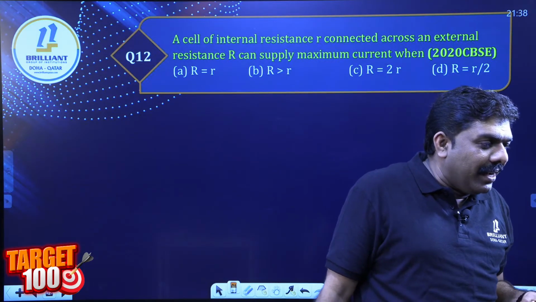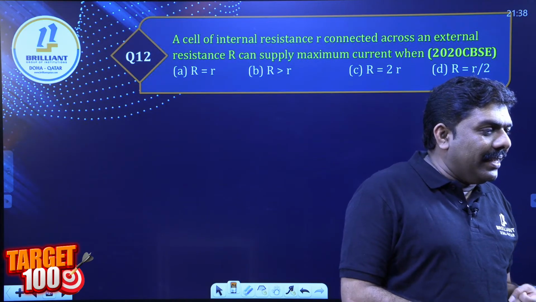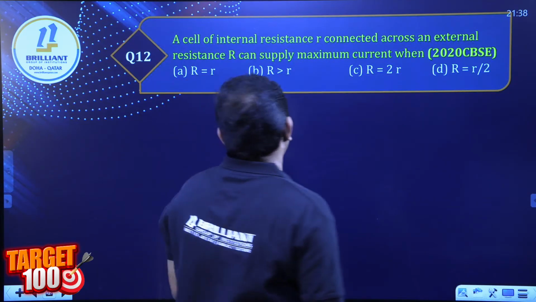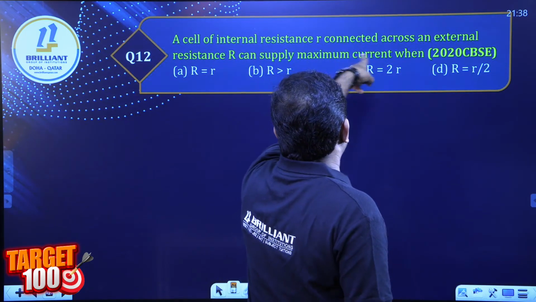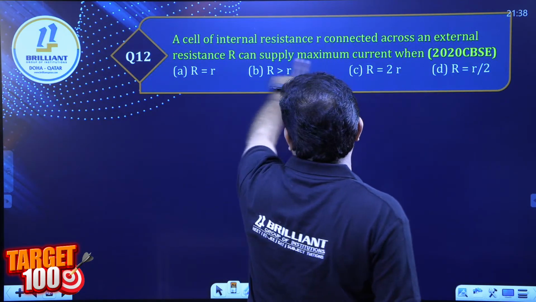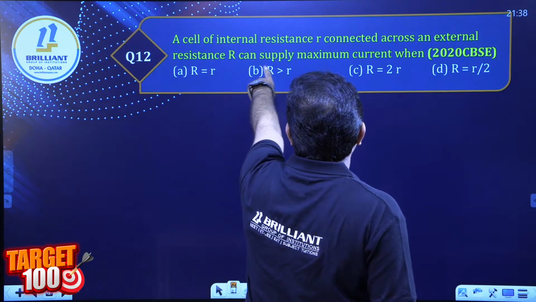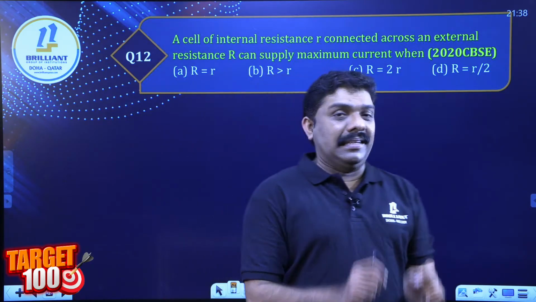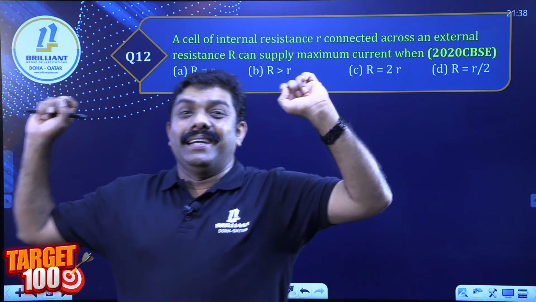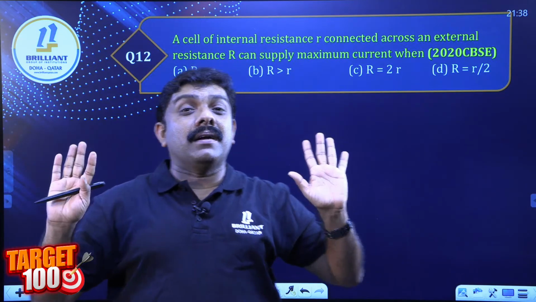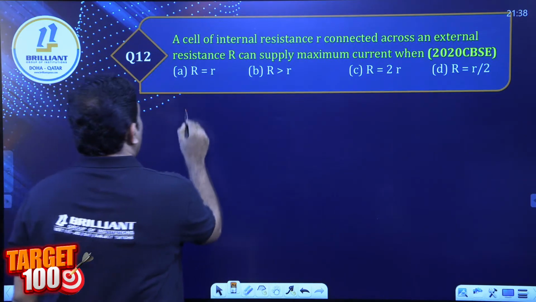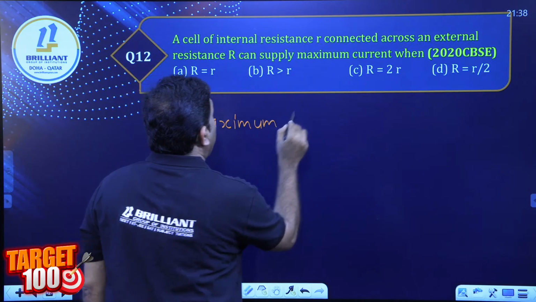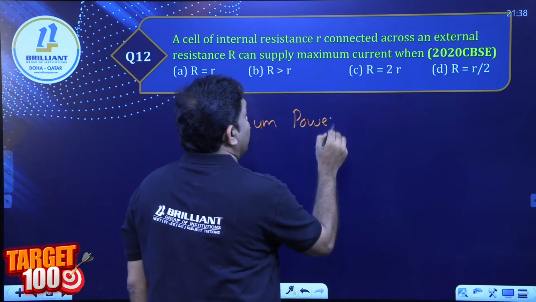Yes, Dhruv, it's right. Work done is equal to energy. Work energy theorem. Right. Okay, now a cell of internal resistance small r connected across an external resistance capital R can supply maximum current when there is a theorem that we studied, the maximum power transfer theorem. So look, it's a direct question from that.